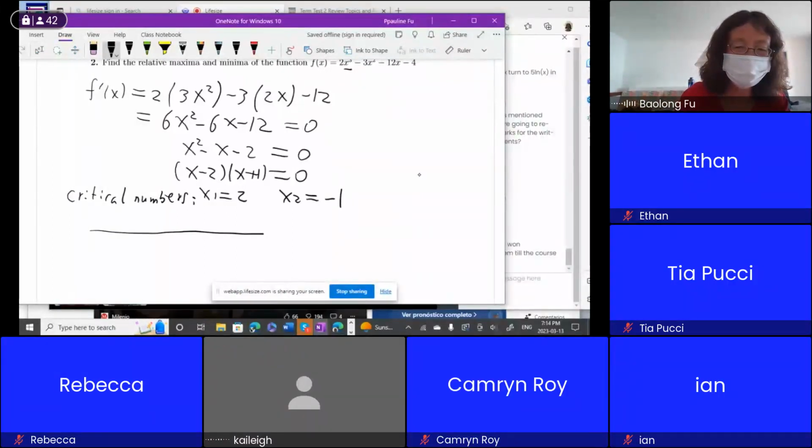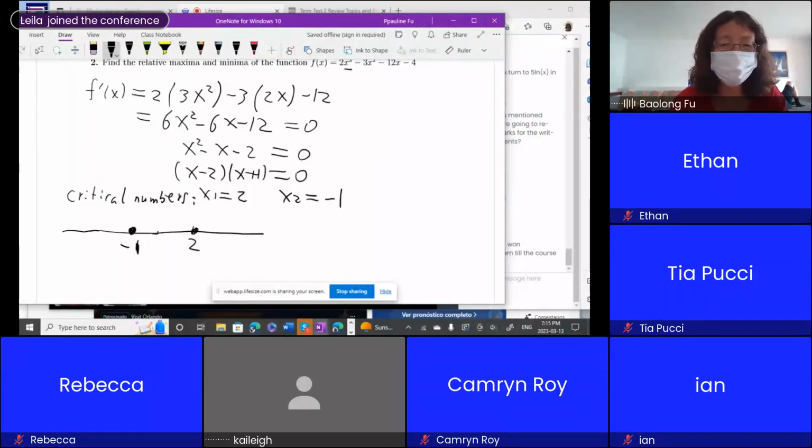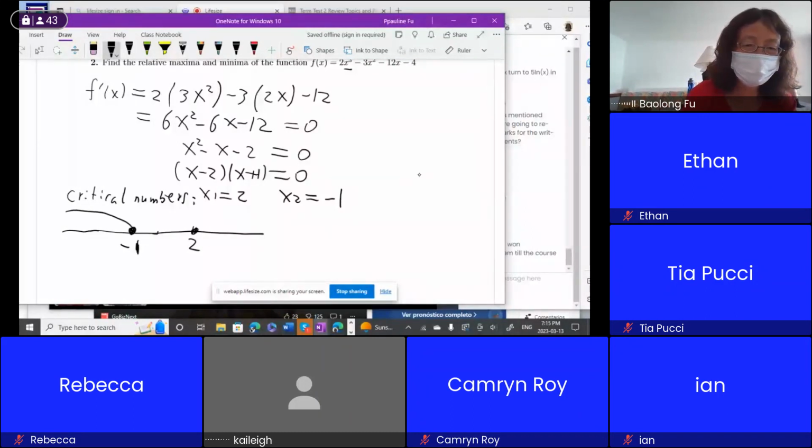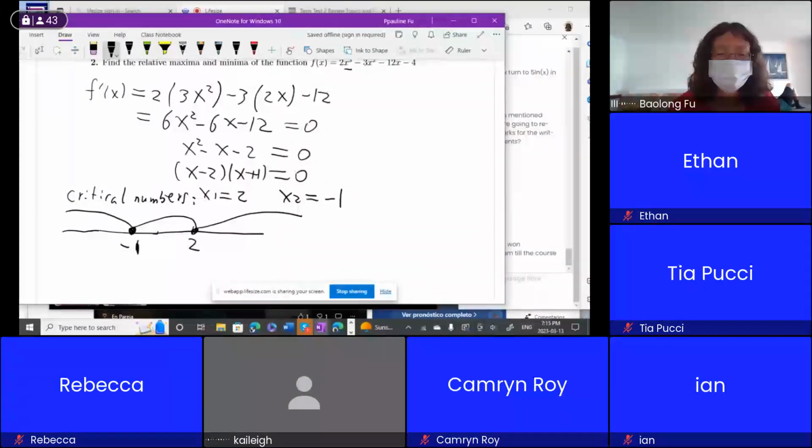Suppose this is the number 2, and then number negative 1. So these two numbers are critical numbers. The critical numbers divide the real number line into 3 parts: part 1, part 2, part 3.